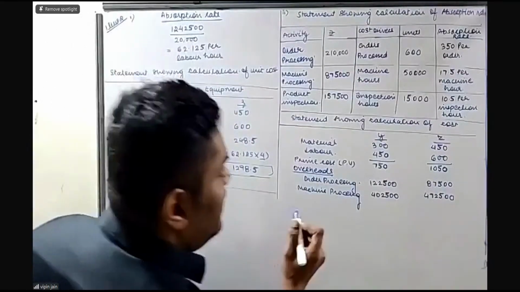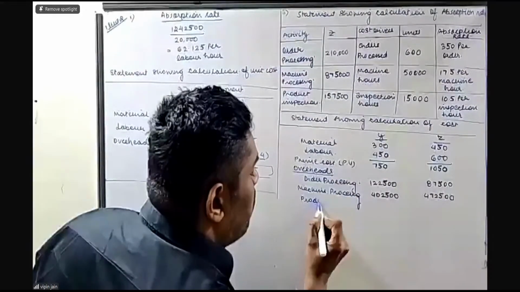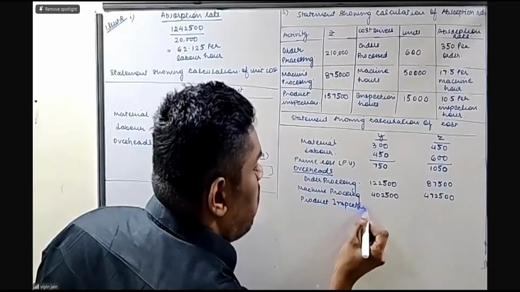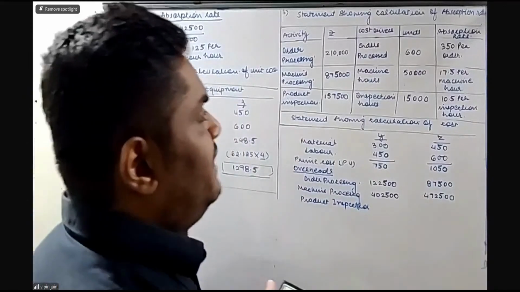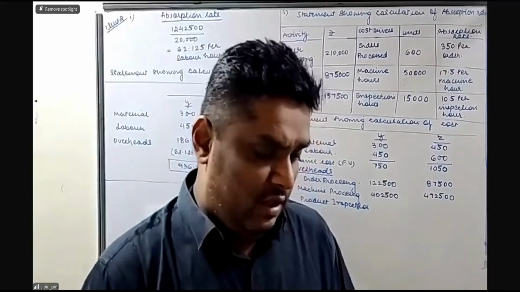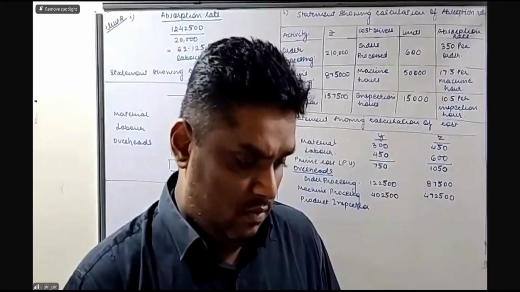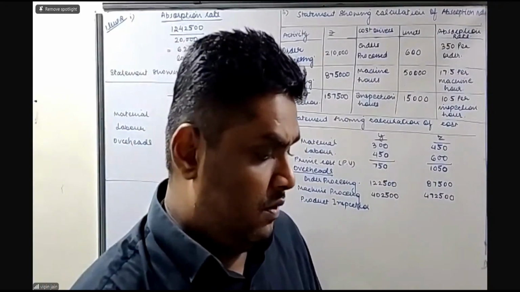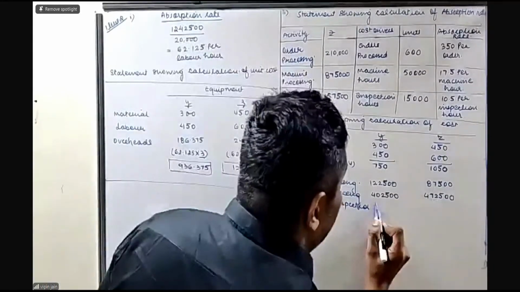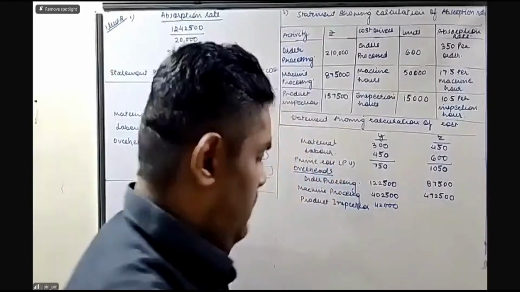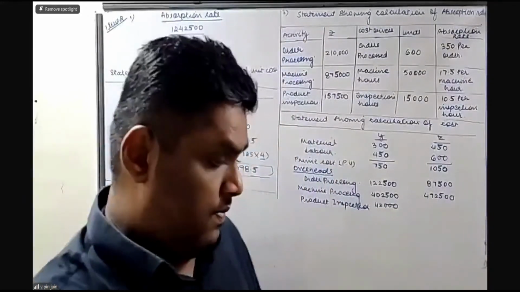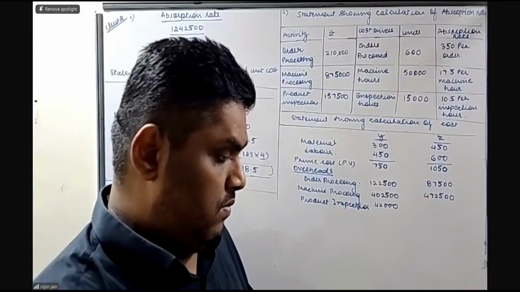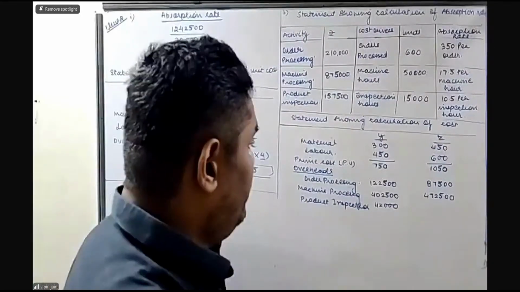Now next is product inspection. It is 10.5 per inspection hour into 4,000 hours. So this comes to 42,000. One lakh 15,500.